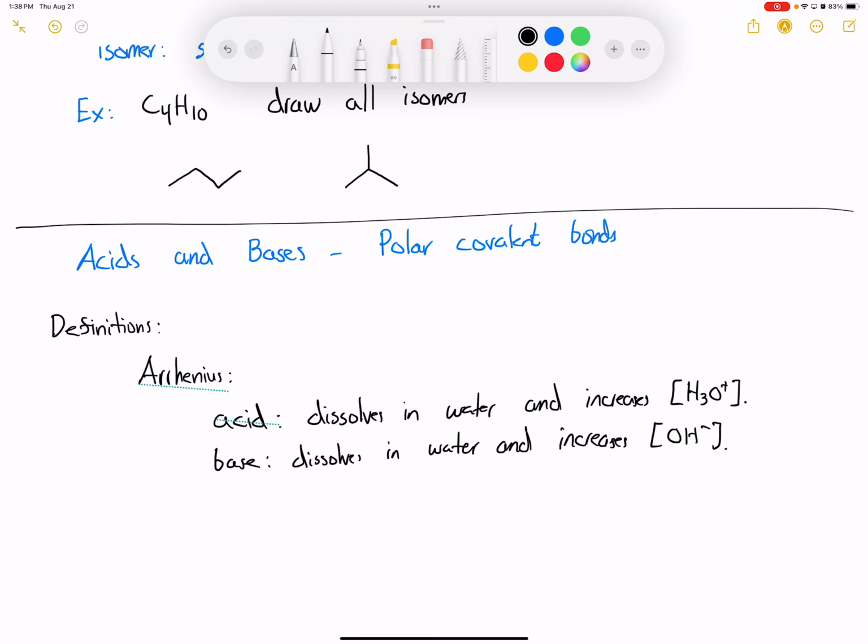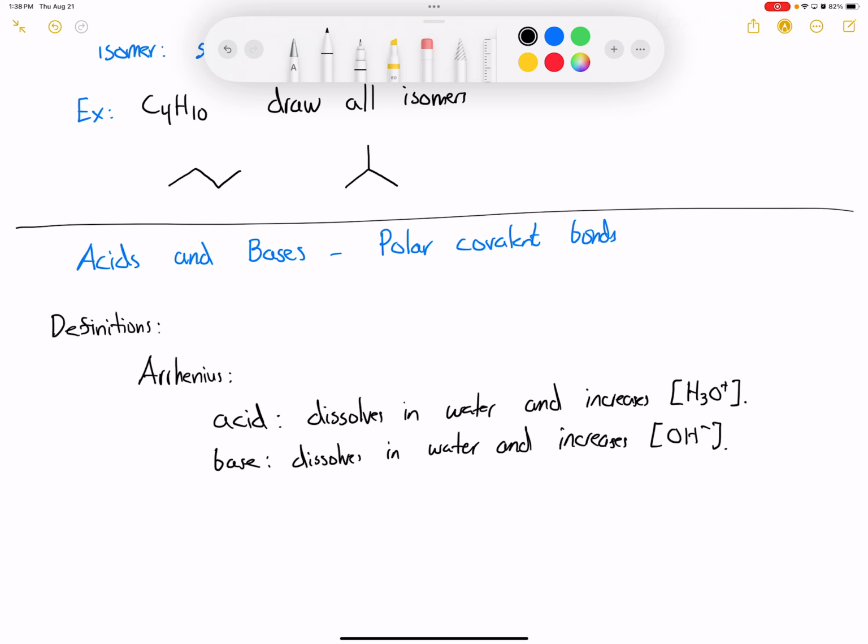We saw that a lot, especially in Gen Chem, when we did a lot of titrations, especially here at Woodland, both 1A and 1B. But that was the very early definition, when Arrhenius was studying this while he was alive.